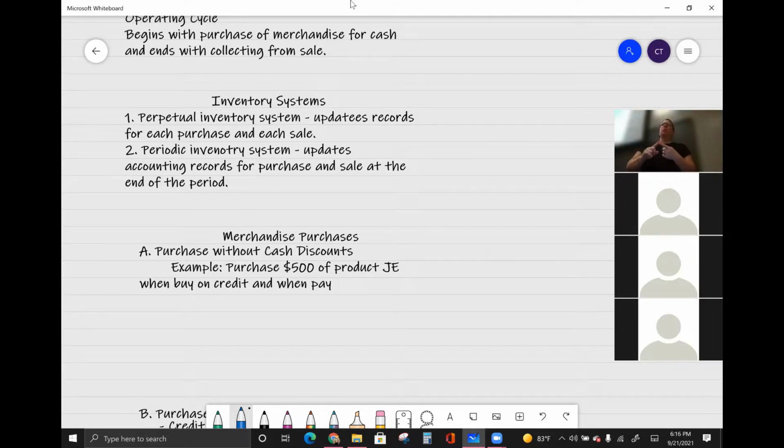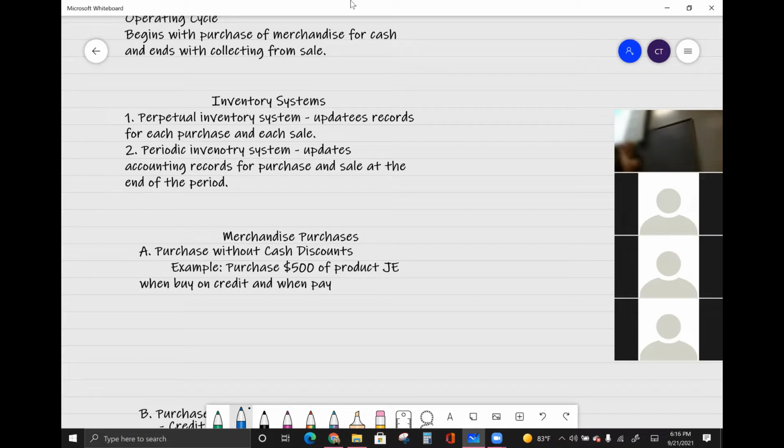Okay, so we have one perpetual inventory system. A perpetual inventory system is going to keep track of all your purchases and sales as you go. So during the middle of the month, you can pull out what that cost is based on what you've purchased so far, what you've sold so far. Periodic inventory system is going to say, I want to look at it for a particular period of time, and it doesn't matter if I purchased and then I sold, and then I purchased and I sold.